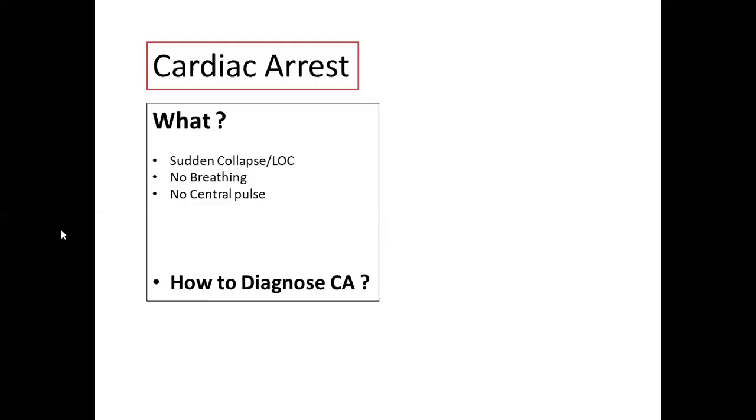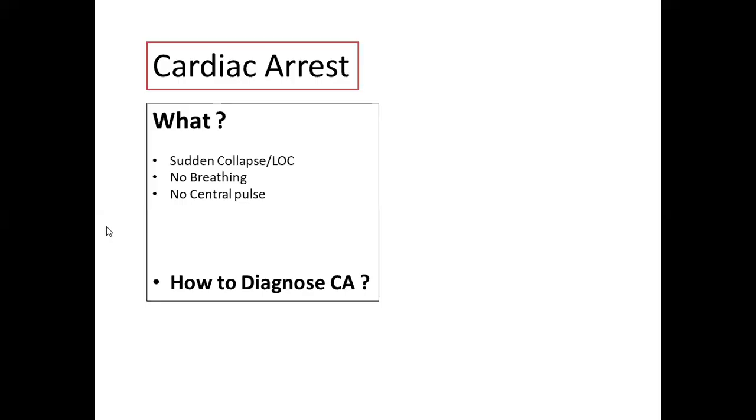You basically diagnose cardiac arrest in a patient who is coming with sudden collapse and sudden LOC with no breathing, no central pulse, right? Cardiac arrest doesn't always mean total cessation of cardiac activity. There might be some cardiac activity mechanically or electrically, but there's no sufficient activity to perfuse the heart itself and the brain. So that is cardiac arrest.